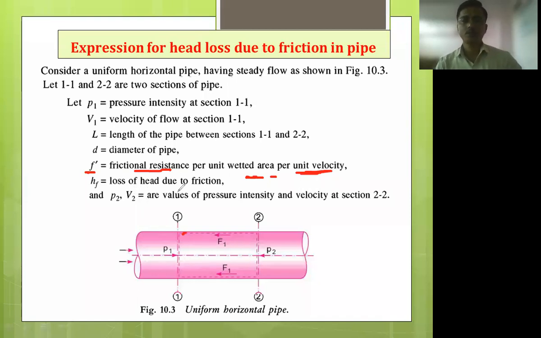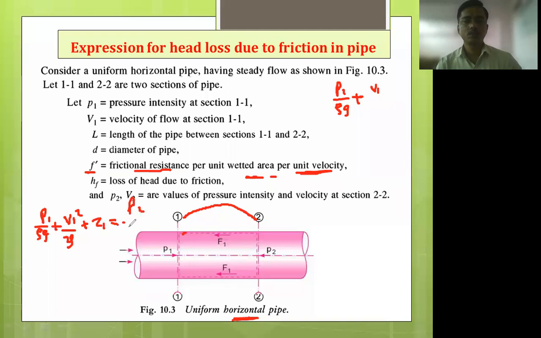Now what we are going to do is apply Bernoulli's equation between these two sections, section 1 and 2, as this pipe is a horizontal pipe. What we get here is P1 upon rho g plus V1 square upon 2g plus Z1 is equal to P2 upon rho g plus V2 square upon 2g plus Z2.